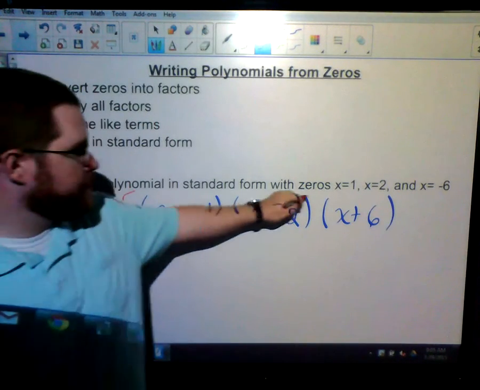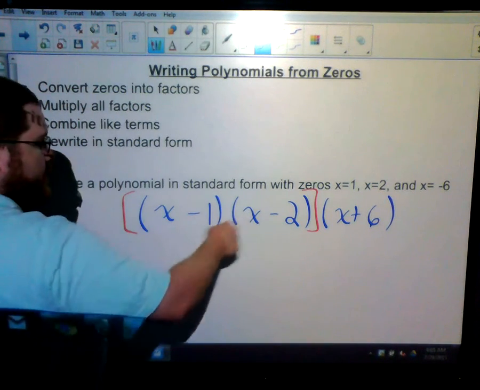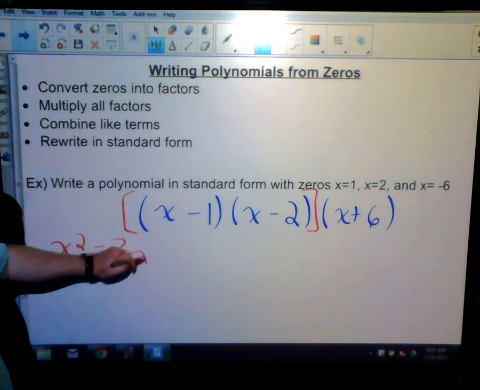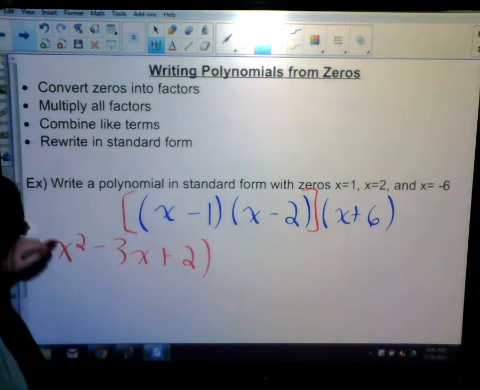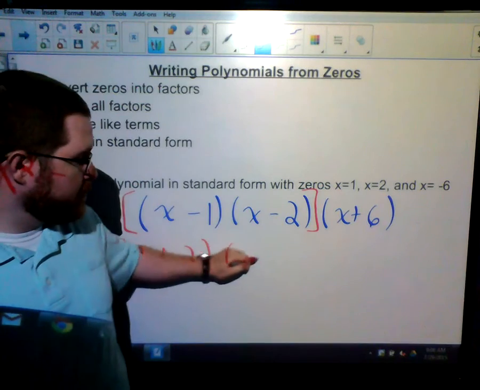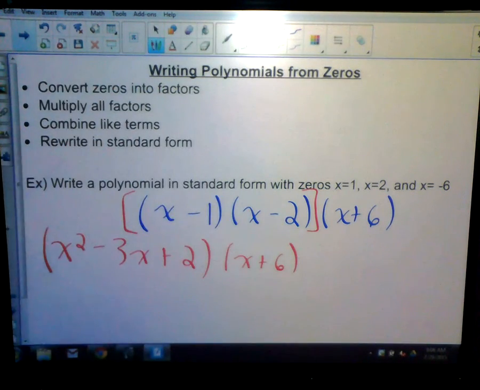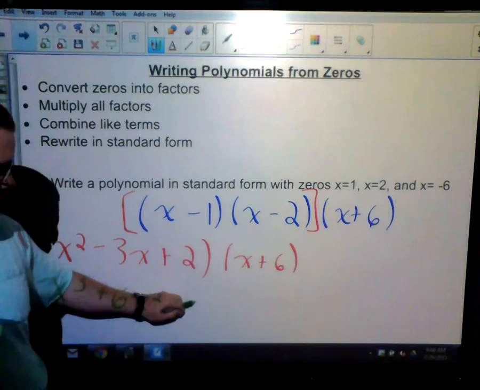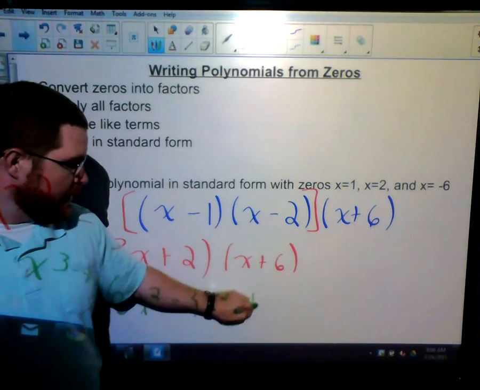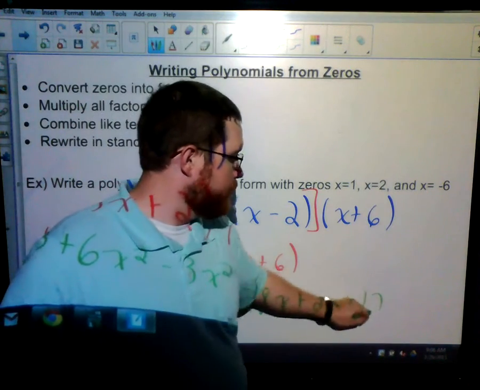Start multiplying. X squared minus 2x minus 1x is minus 3x. Negative 1 times negative 2 is 2. And that still has to be multiplied by x plus 6. Distribute into that one, so I get x cubed plus 6x squared minus 3x squared minus 18x plus 2x plus 12.